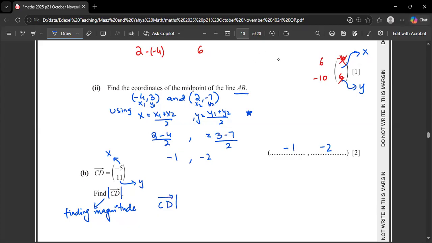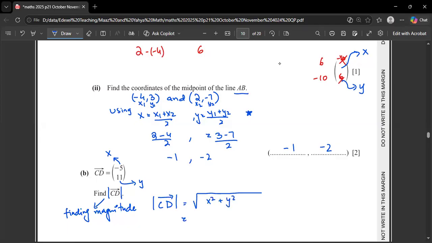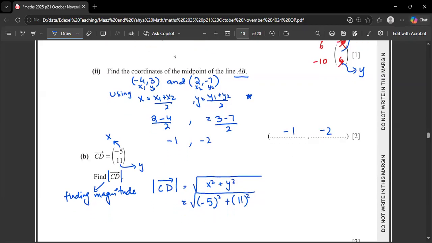You always take the square root of x square plus y square, right? The value of x is -5, square of -5, and then square of 11, and take the square root. So you get 25 and then 121.